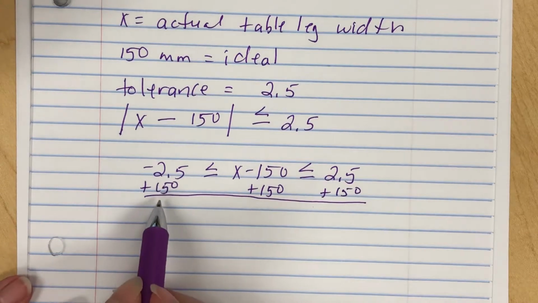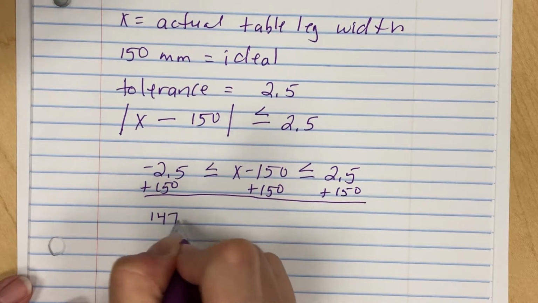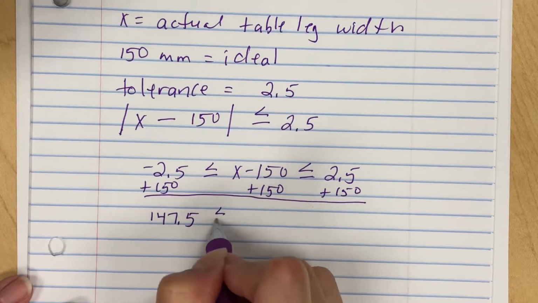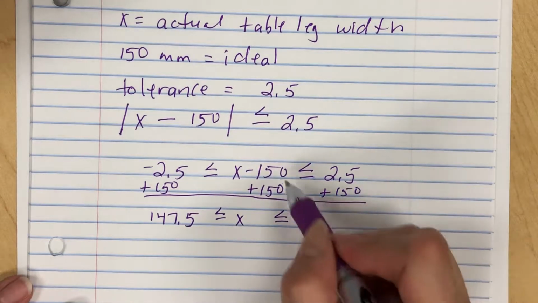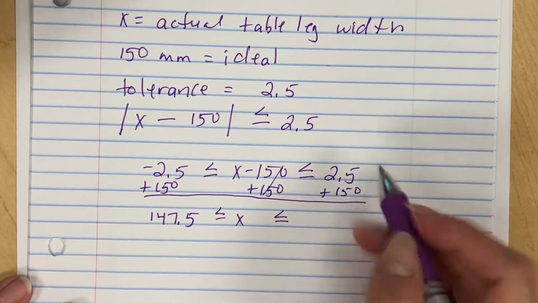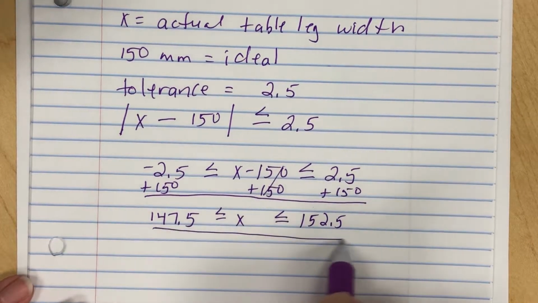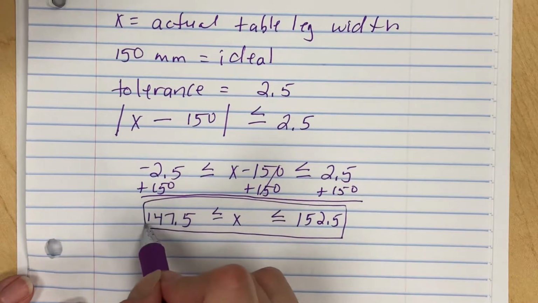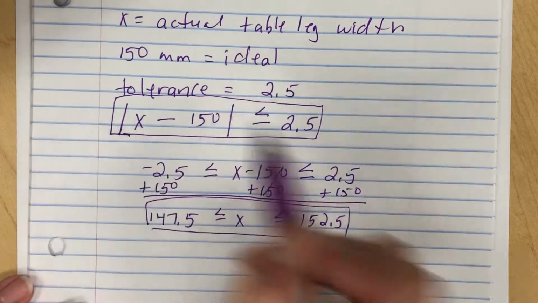Negative 2.5 plus 150 is 147.5, less than or equal to X, which is less than or equal to 2.5 plus 150, which is 152.5. So this is the range of values, and this is the absolute value inequality that applies to this situation.